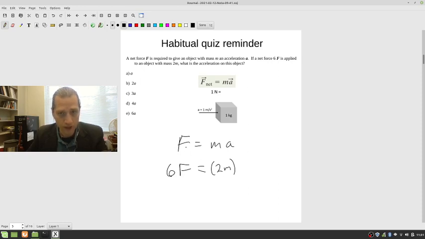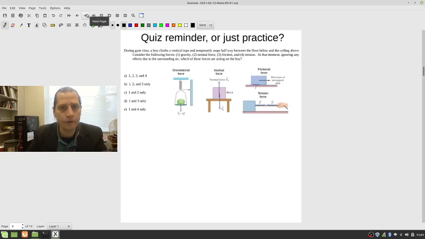Well, if 6F equals 6mA, then I would have to put a 3A right there to get my answer. And there we go. Okay, so on the problem on your quiz, you might have to, for instance, solve for an m in the middle of the problem, but it should be doable.